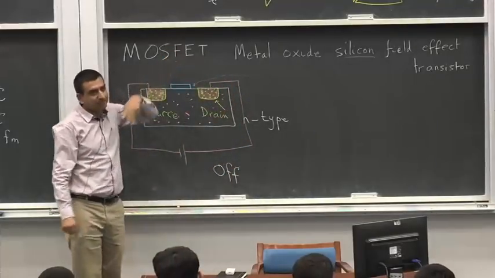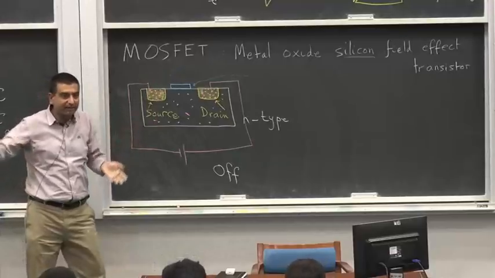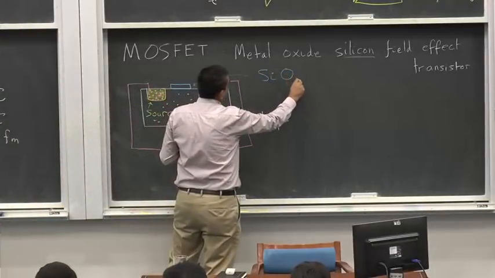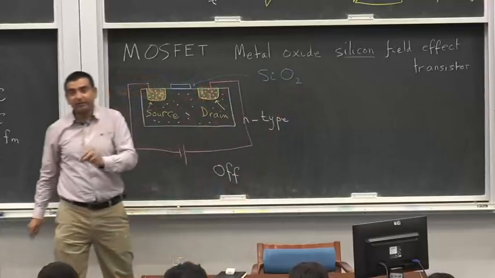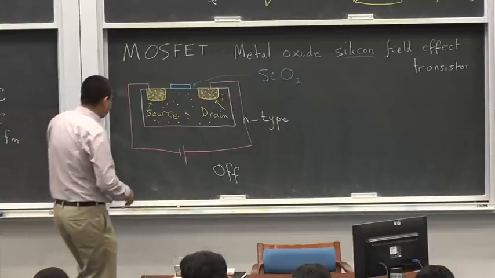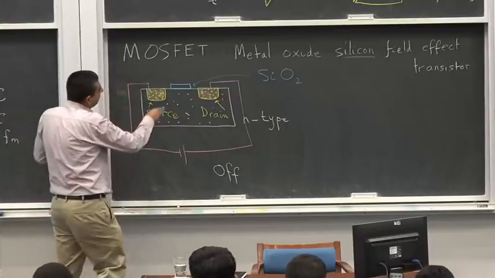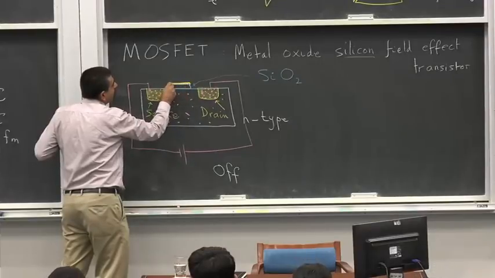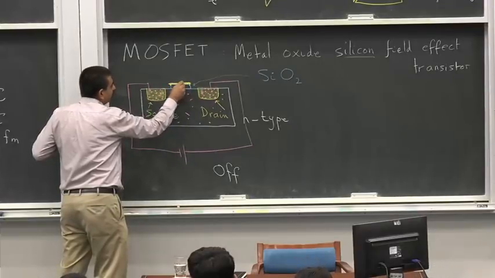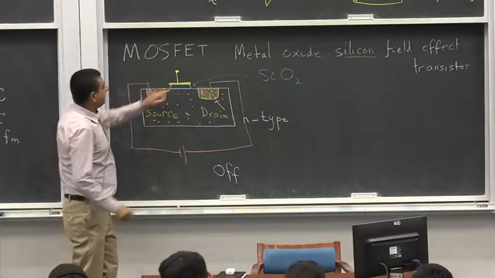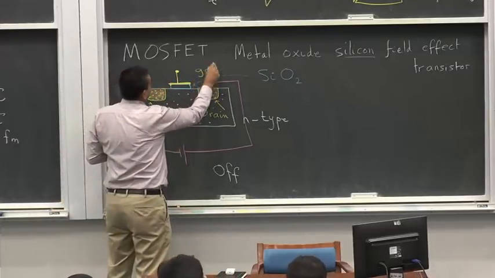That's why we have the name MOSFET. It's an oxide. It could be, for example, silicon dioxide. It's an insulator. It does not let charges flow across it. And on top of this, we have another metal deposited on top of this. This piece of metal is called the gate.